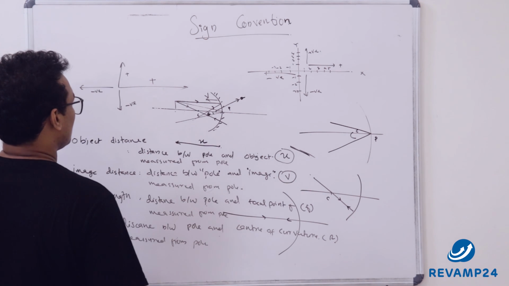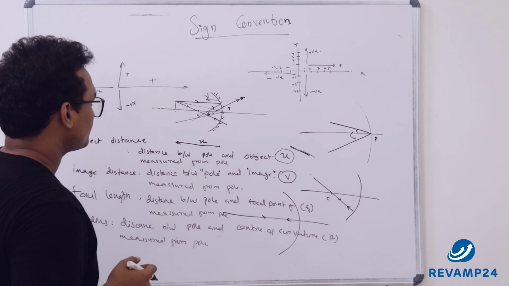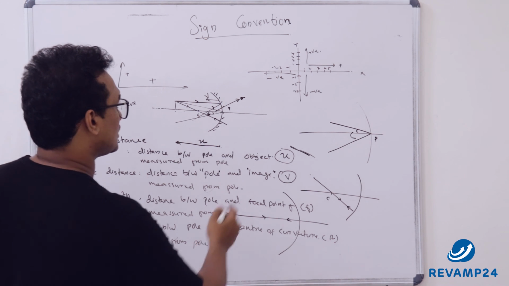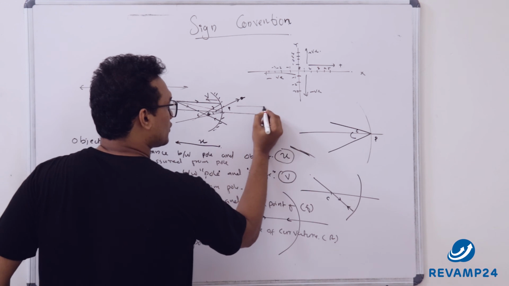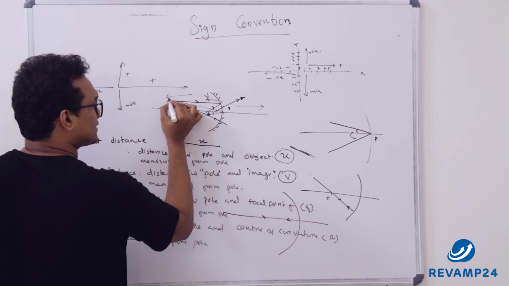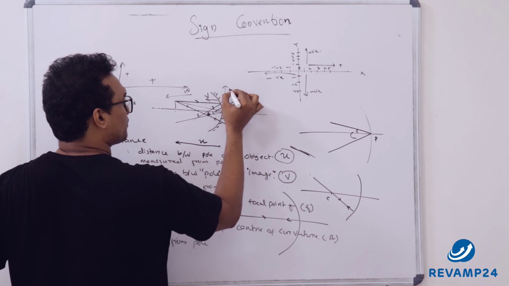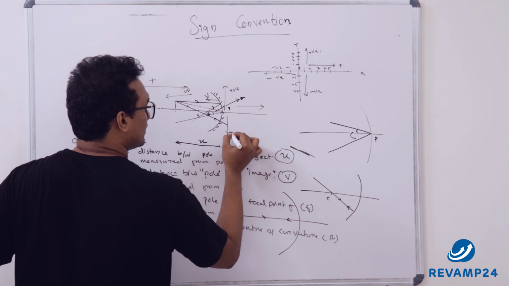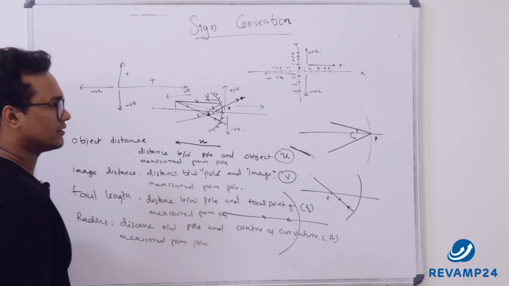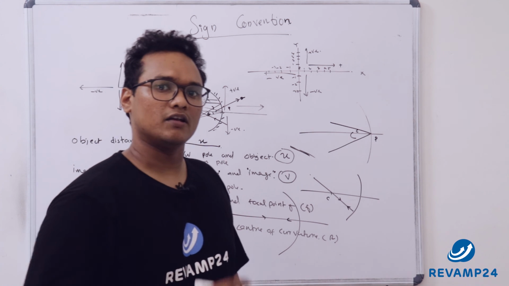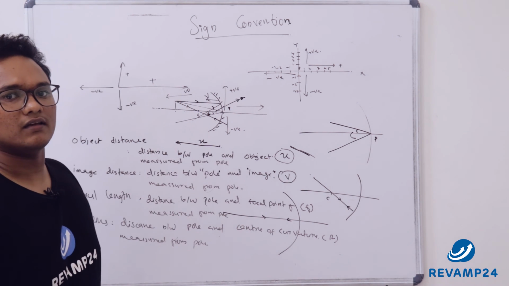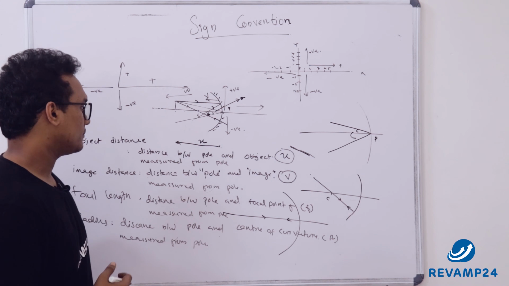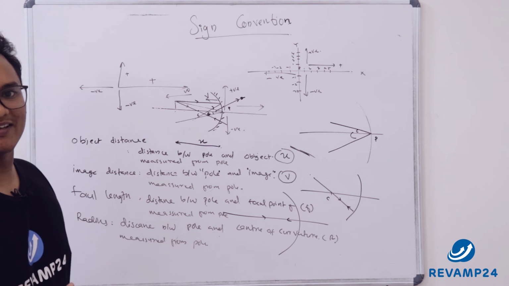Okay, now this point can be considered as pole. So from pole, rightward is positive, leftward is negative, upward is positive, and downward is negative. So this is how you have to take the measurement. Now from case to case, in numericals, we will see how it can actually be substituted in an equation. Okay, thank you.